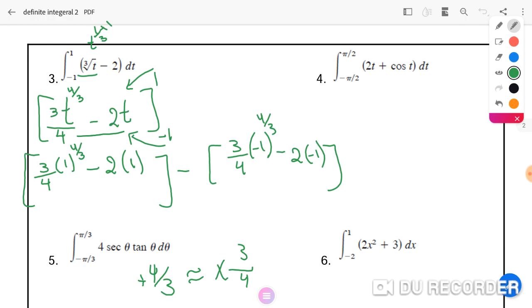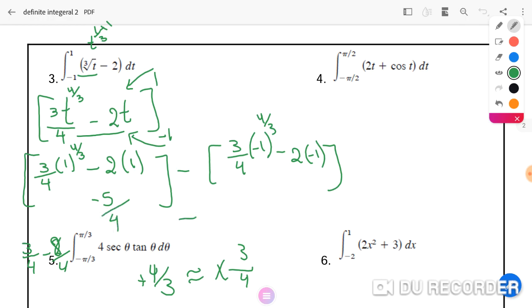Okay, wait, maybe I solve it on my paper. Okay, I have to solve it with you. This one, 3 over 4 minus 2, it will be here 8 over 4, it will be negative 5 over 4, okay?